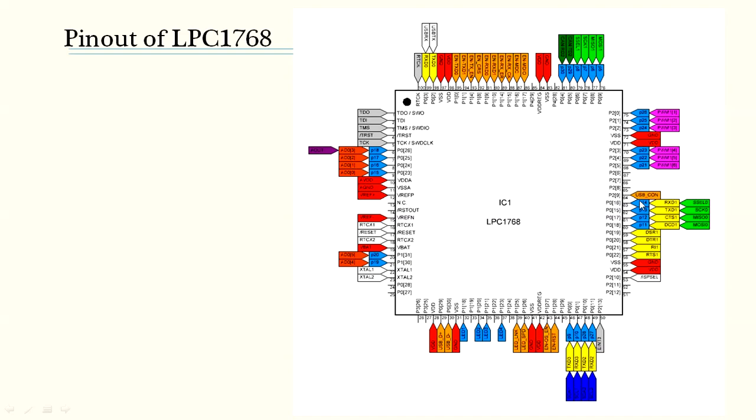So if it has 3 color codes, it supports 3 functionalities. If it has 4, 4 functionalities. If it has 1, it's only one function. So LPC1768 GPIO supports maximum up to 4 functions at a given time.